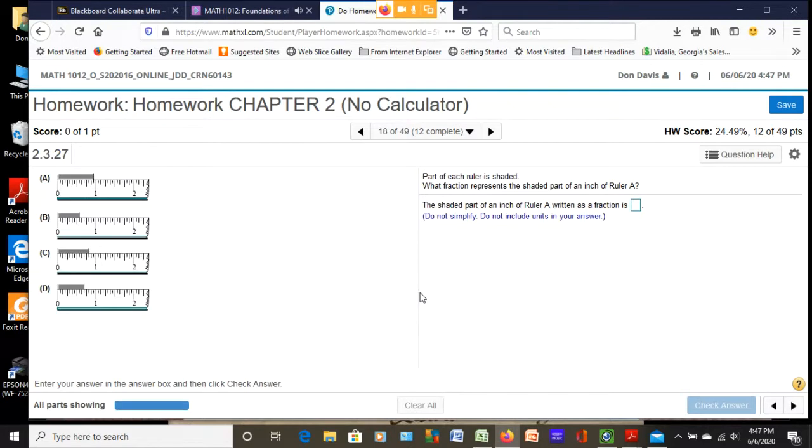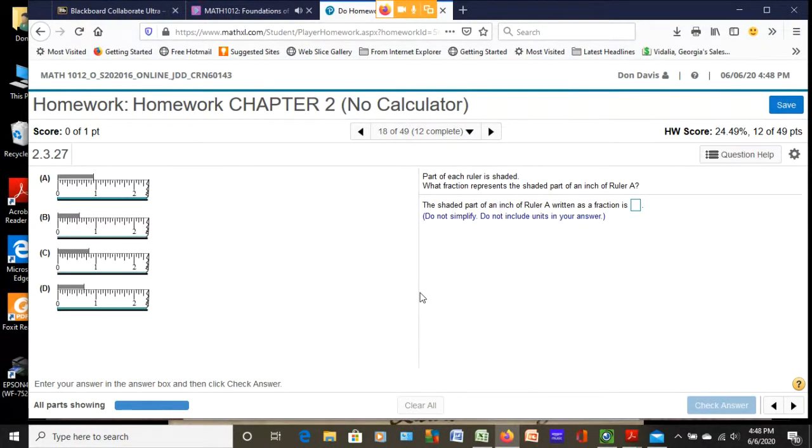Now, this one is a skill that you can use almost anywhere, anytime. And the skill is how to read a ruler. Now, I'm going to use my pad for this one, and we will do this one together.